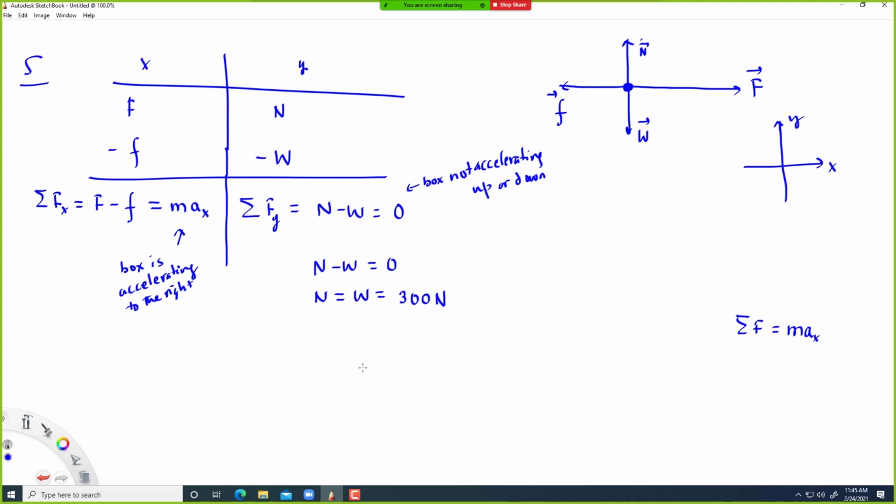It's asking for the acceleration. We want to find this one, okay? So it seems like we don't need to do anything with this one. So here, the force applied to the box is 20 Newton, and the friction is 10 Newton. Mass times acceleration. So mass, what is mass?